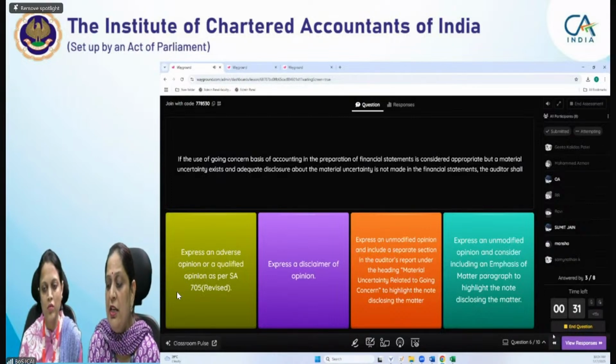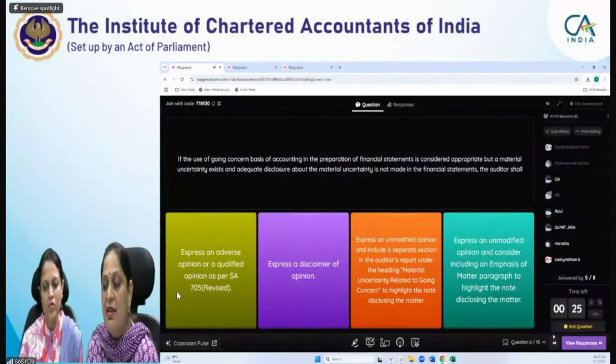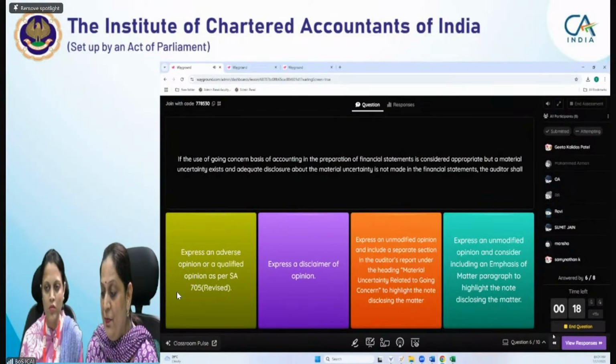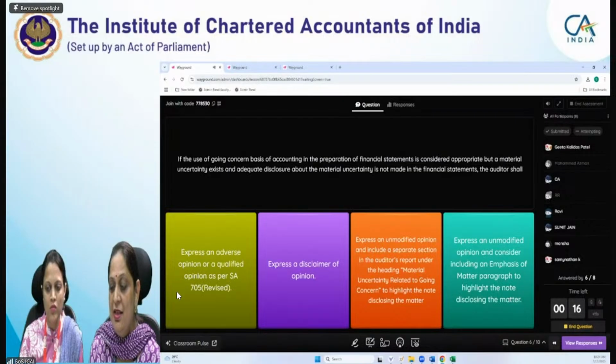Time is going to be over. Waiting for your response. Until now, we have only received answers from Sumit, Mansha, Samanathan, Ravi, and Omkar. Yes, Geeta has also answered. Only RR and Mohammad Ajman, 2 are remaining and time is going to be over. It's a very simple, very basic question from SA 570.